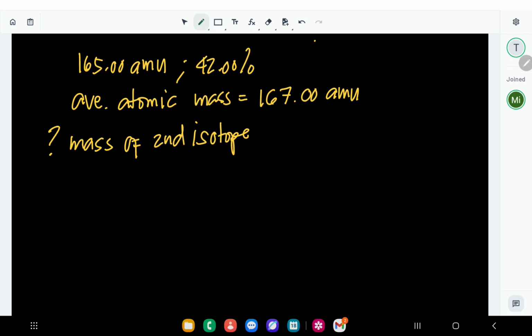Relative abundance means how common this isotope is. It says 42%, so we can convert this to decimal, divide by 100, so this would become 0.42. This is mass 1, and then abundance 1.